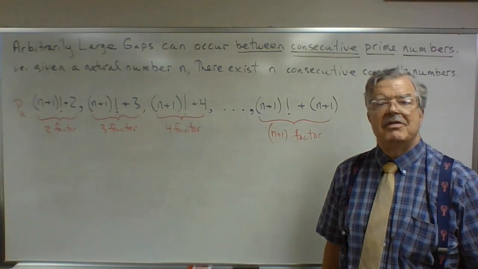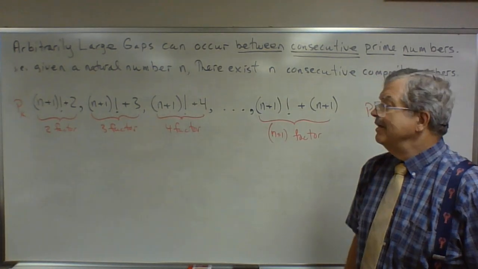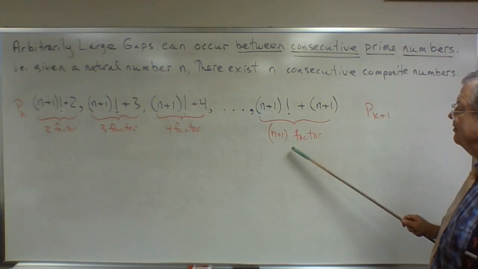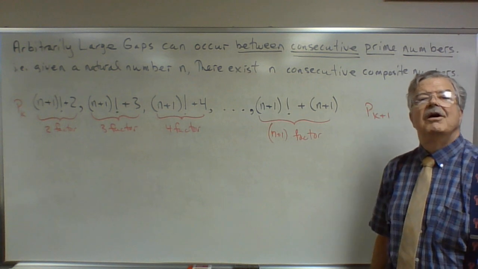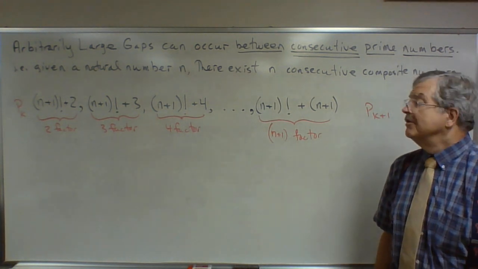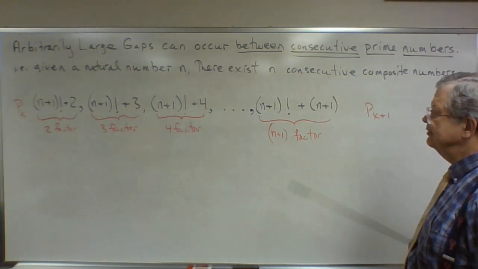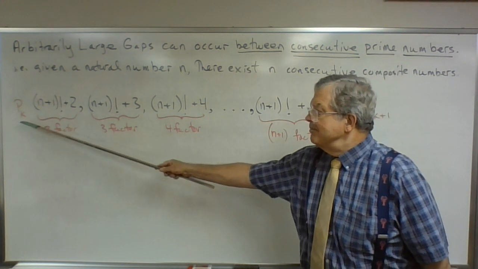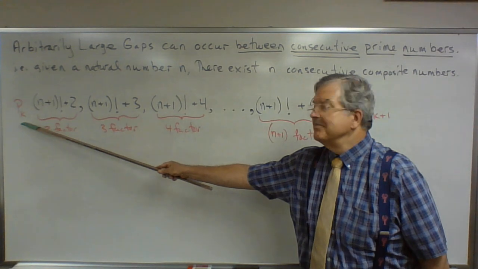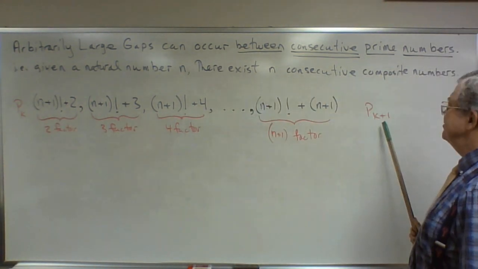So let's say that n was equal to 1,000,000. Then this would be a sequence of a million consecutive composite numbers. So we would travel through more than a million composite numbers before we'd encounter a prime, going from the kth prime to the k plus first prime.